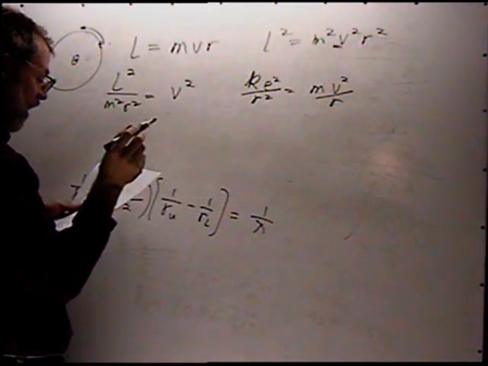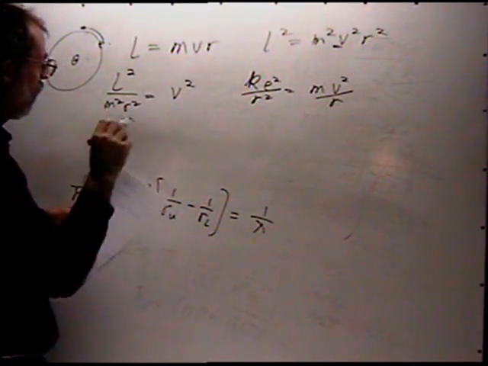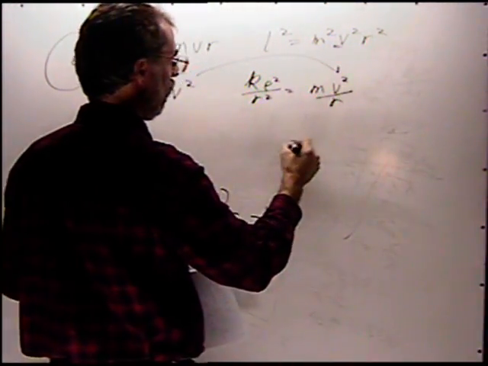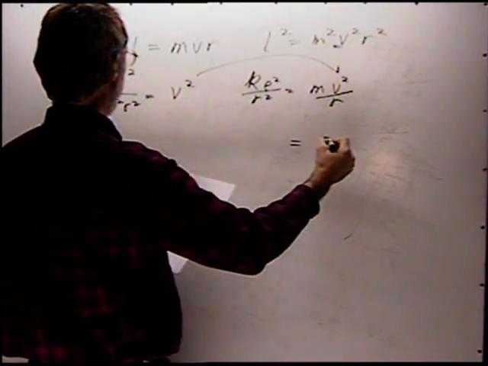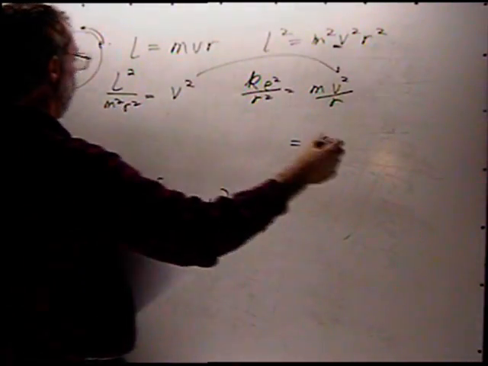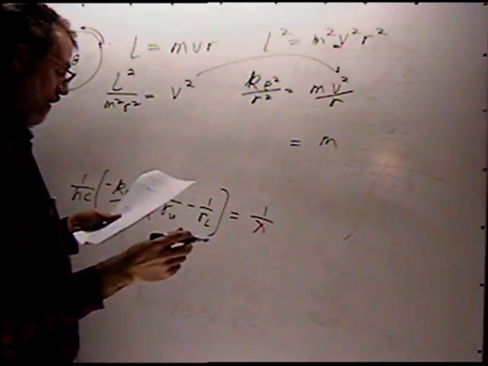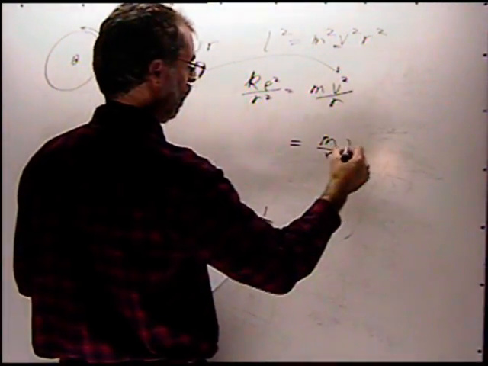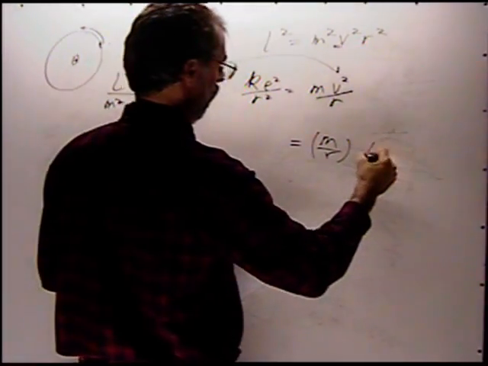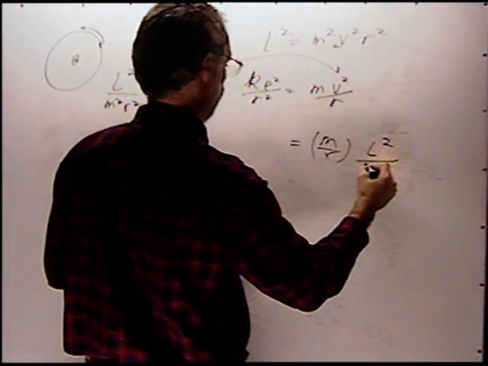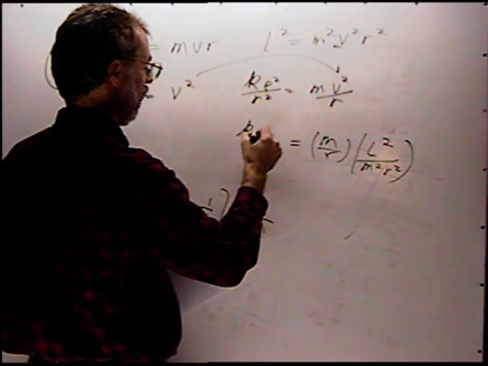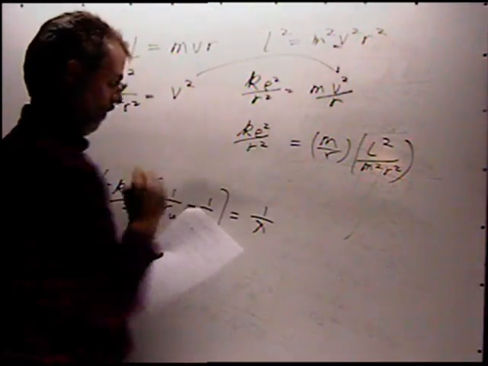Now we're just going to substitute this directly into here, and we end up with m over r times L squared over m squared r squared equals k e squared over r squared.